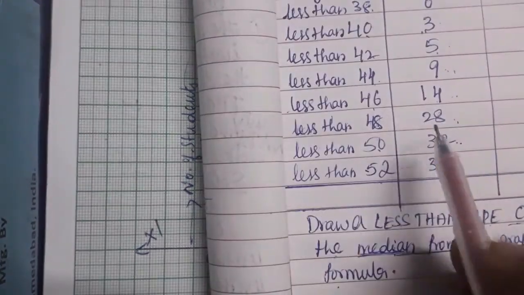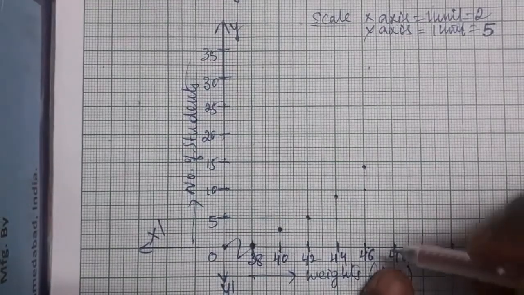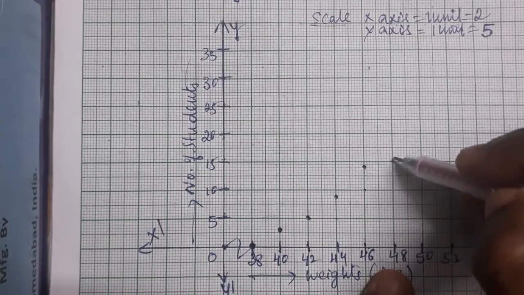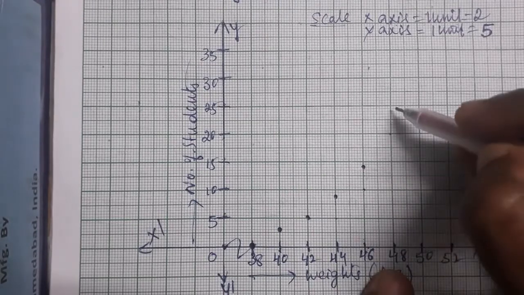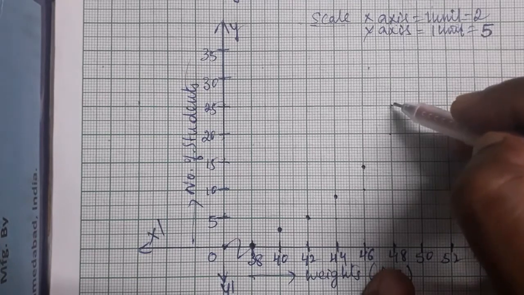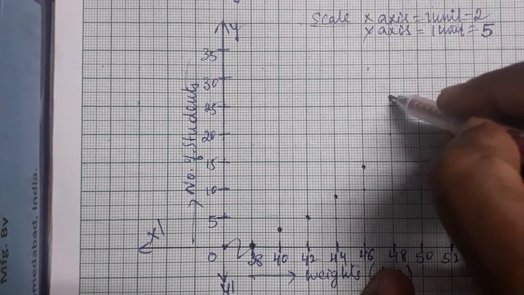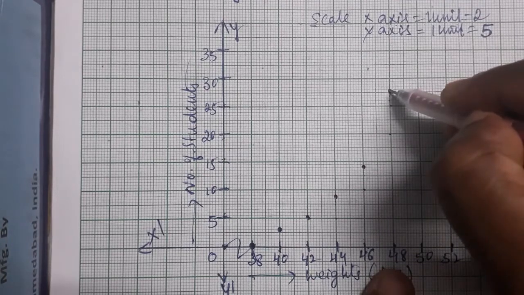Next for 48 you have got 28. 48 is here. This is 20, this is 25. Now 28: after 25, 3 more, that means 6 boxes. 2 boxes will become 26, other 2 boxes will become 27, other 2 boxes will become 28. That means the 6th box you have to mark here.